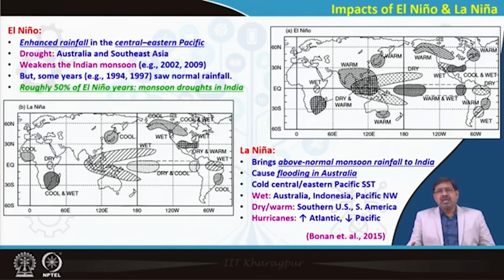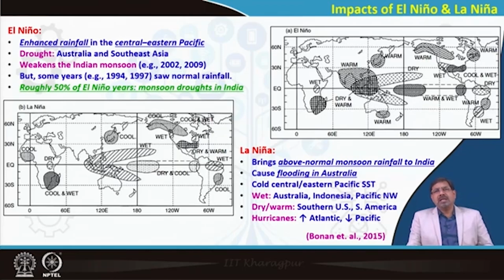La Nina brings a little above normal or more than normal monsoon rainfall to India, and it has been seen that flooding has happened in Australia. So, La Nina, in contrast to El Nino, gives a normal or above normal monsoon to India, and flooding has been reported in Australia.